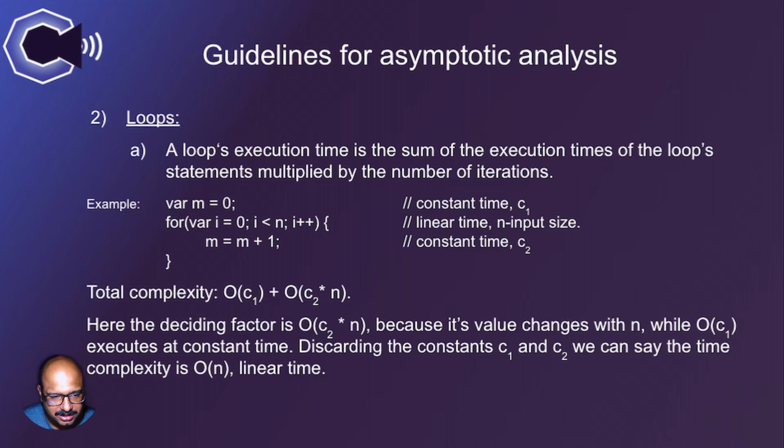So total complexity is O of C1, which is the top statement, plus O of C2 into n. C2 is the statement inside the for loop. When we discard all the constants, we can say that the time complexity is O of n, which is linear time. So remember, the time complexities will always be an approximation.